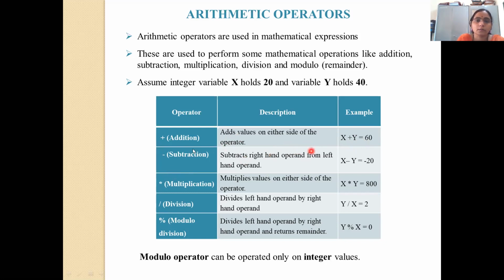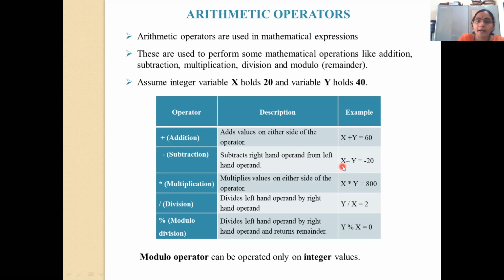The next operator is the subtraction operator, and the subtraction operator is minus. The minus sign is generally used for subtraction. What is the purpose of subtraction? It subtracts the right hand operand from the left hand operand. Which is the right hand operand? Y. That y is subtracted from the left hand operand, that is x.